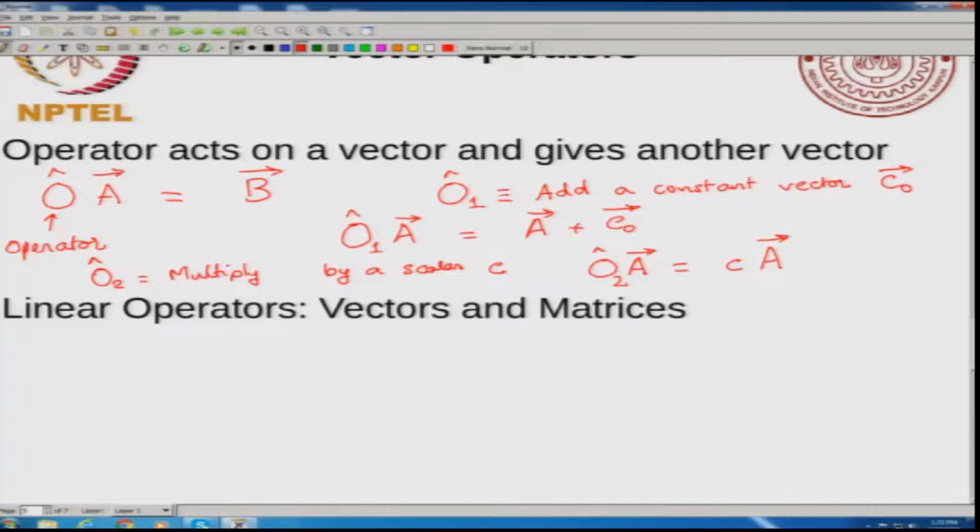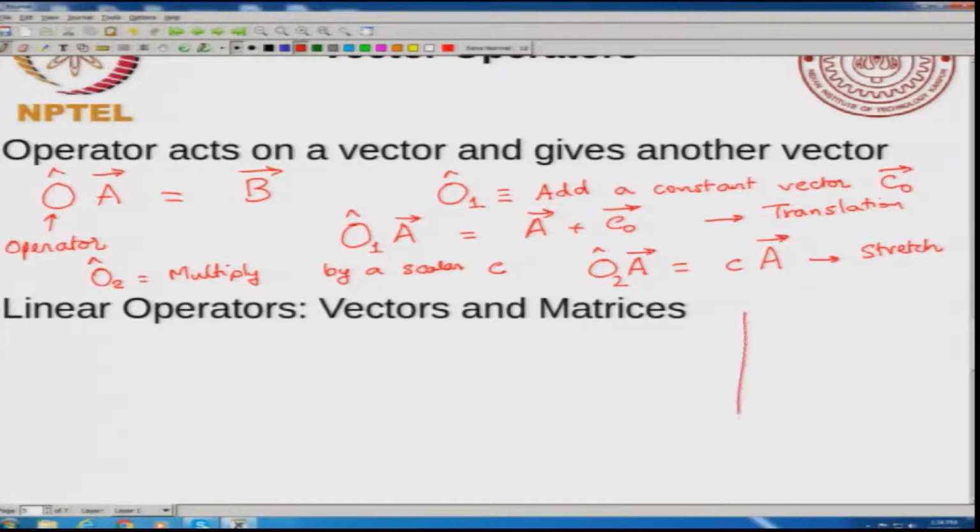And just to inform you, this is a translation, and this is a stretch. So what do you mean by translation and stretch?